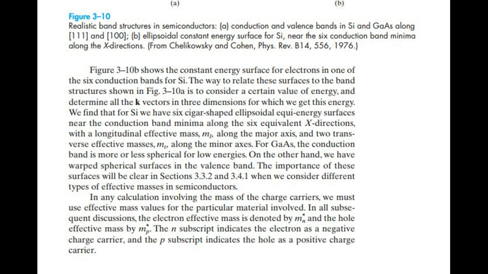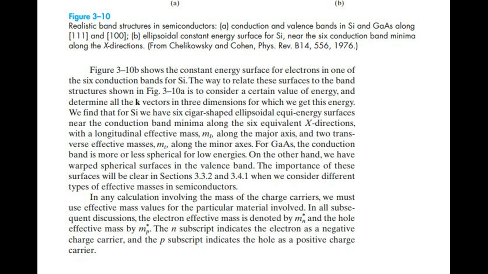the minor axis. For gallium arsenide, the conduction band is more or less spherical for low energies. On the other hand, we have warped spherical surfaces in the valence band. The importance of these surfaces will be clear in sections 3.3.2 and 3.4.1 when we consider different types of effective masses in semiconductors.